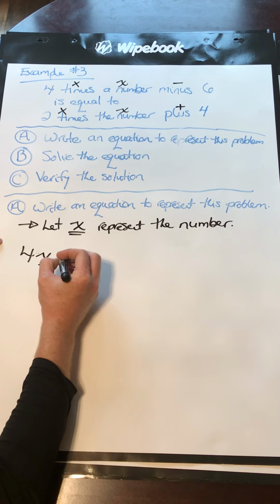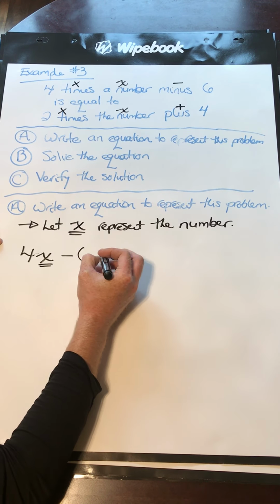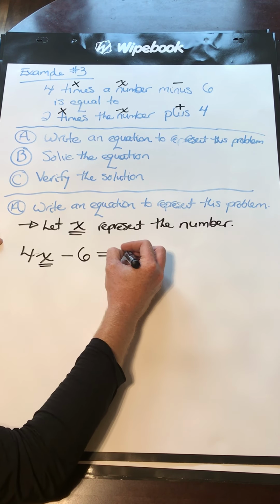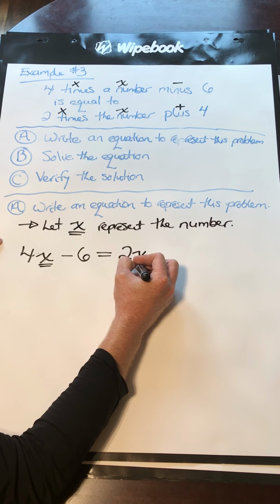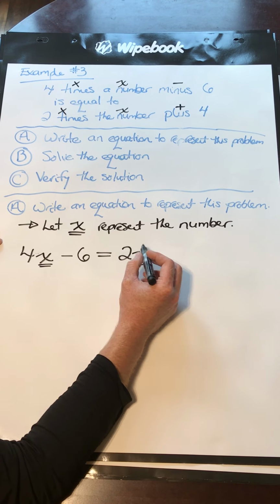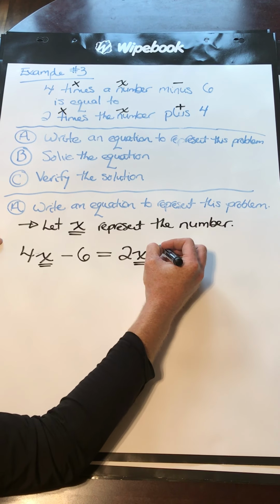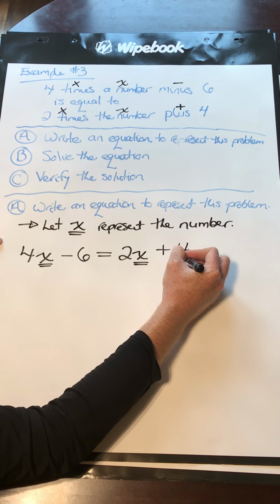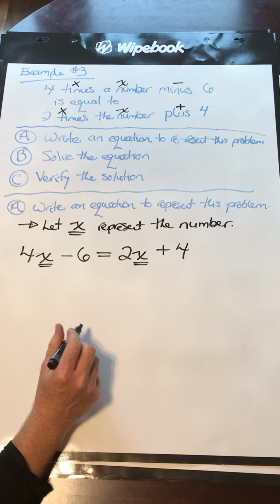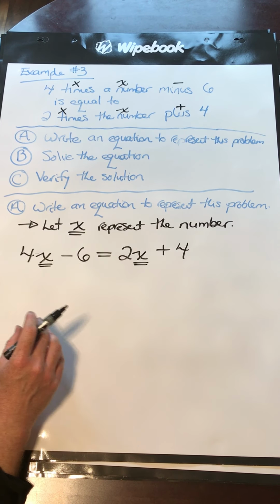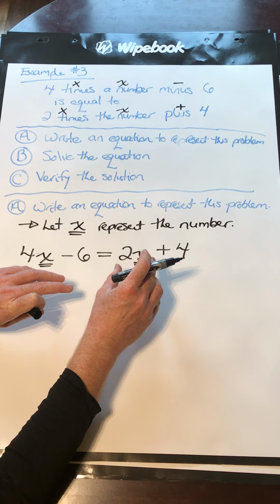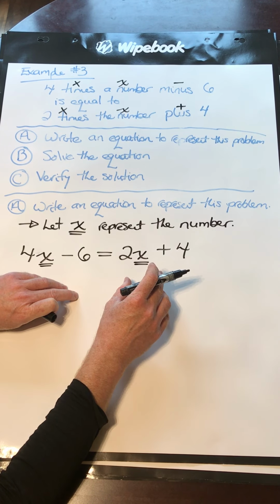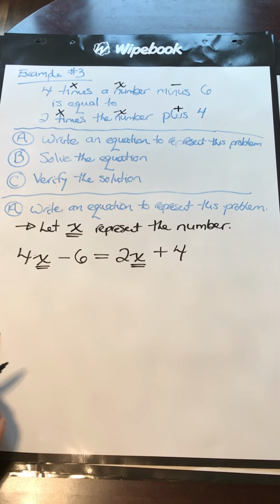And then we say minus 6 is equal to 2 times, again, 2 times the number, we'll let x represent that number, plus 4. So now I've written an equation to represent this problem. You can see that in this equation we have variables on both the left side and the right side.